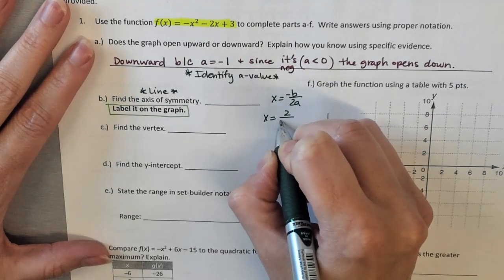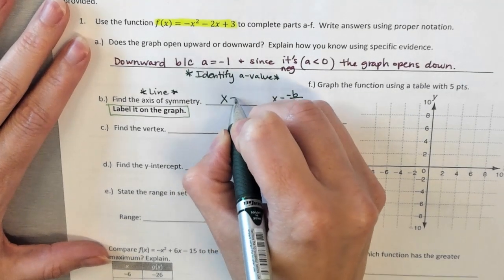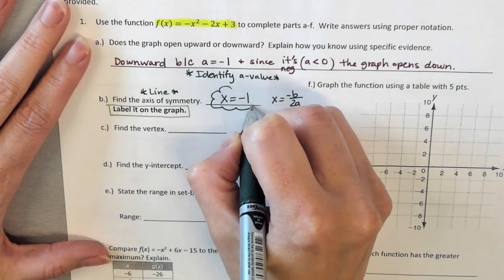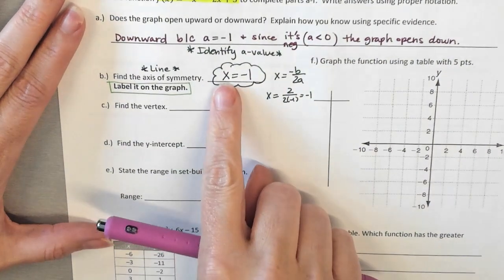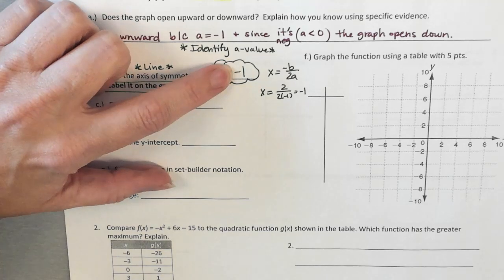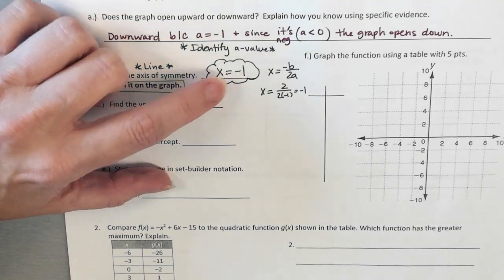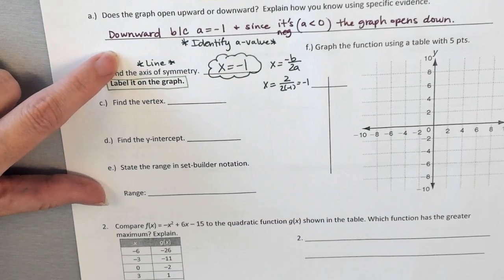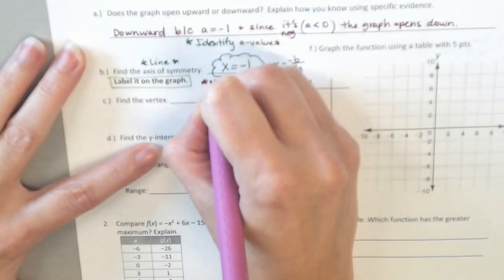So that would be 2 over 2 times -1. On the line, you need to have your x equals. So I want you to write that in right now, your x equals. If you just have -1, understand that you're going to be missing partial credit on that. The reason why is because it's a line. So you need your x equals.